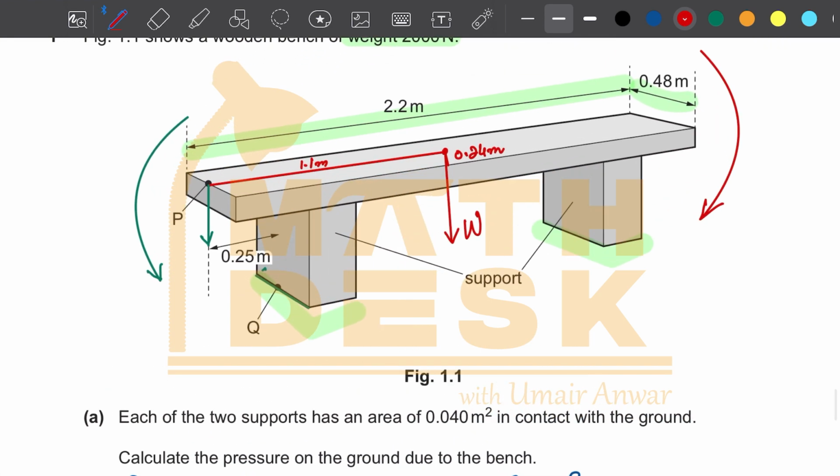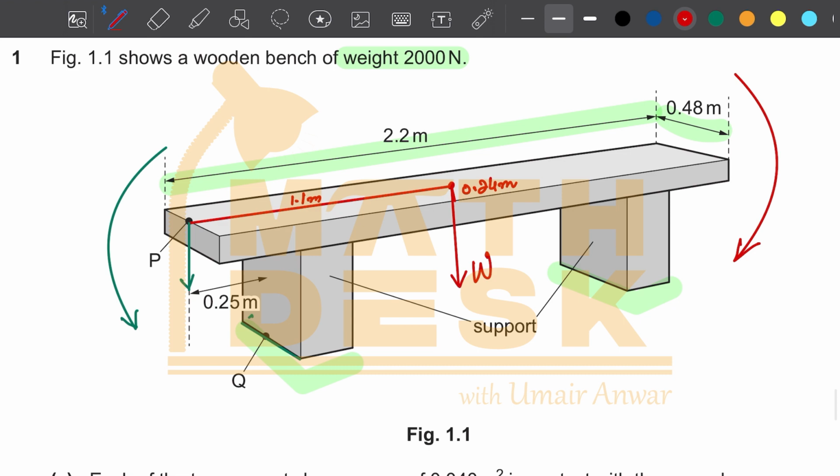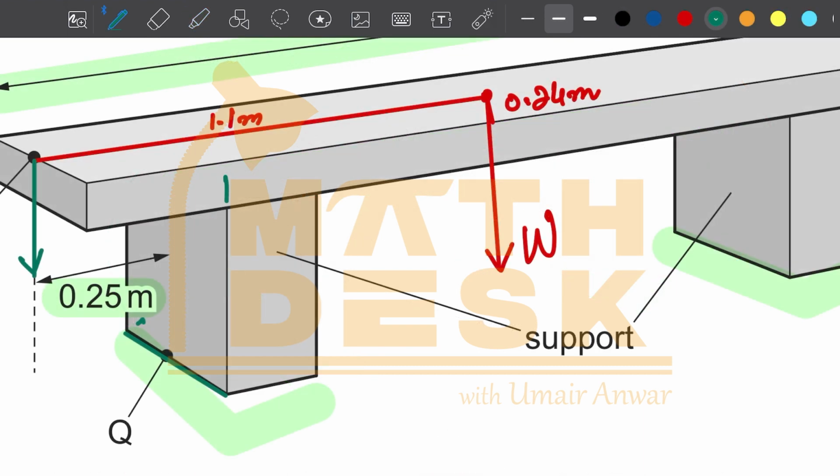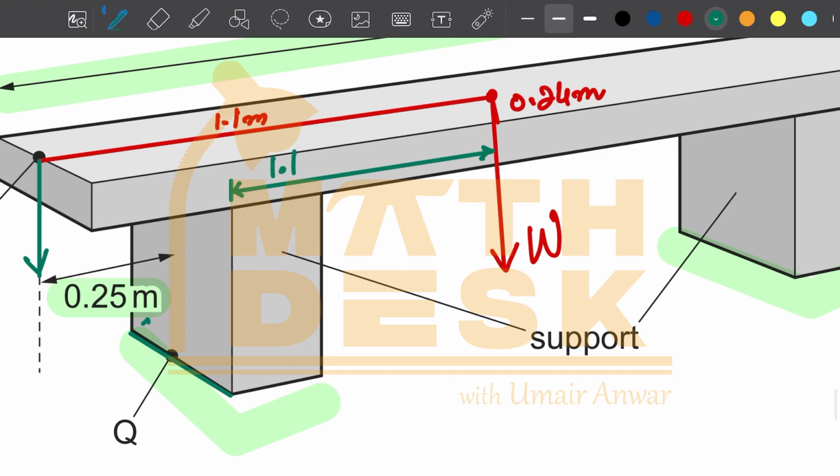From the point of rotation, the distance of force P is 0.25 meters. The distance to the line of action of the weight of the bench could be calculated when we subtract 0.25 from 1.1. So it would give us 0.85 meters.